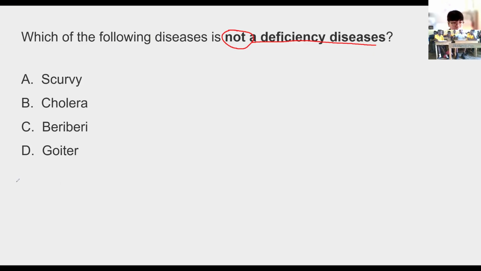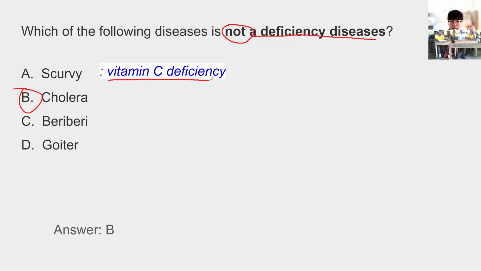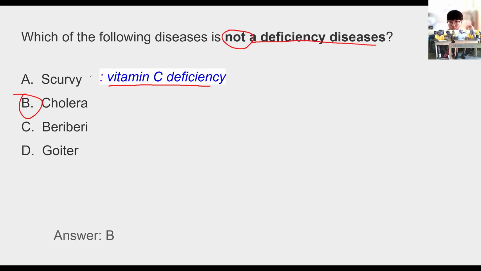Did someone say B? If you said B, that's correct. Great job. That's because we just saw that A, scurvy, is vitamin C deficiency, so it is a deficiency.